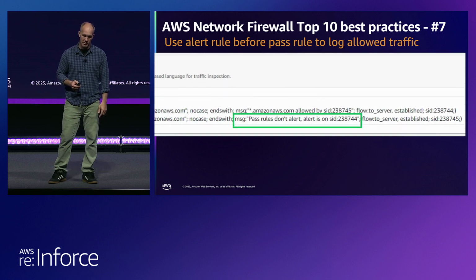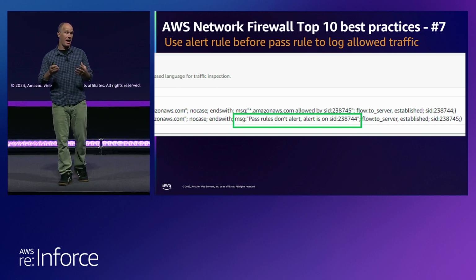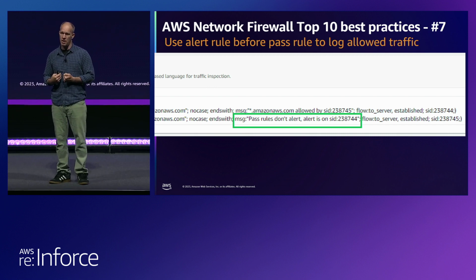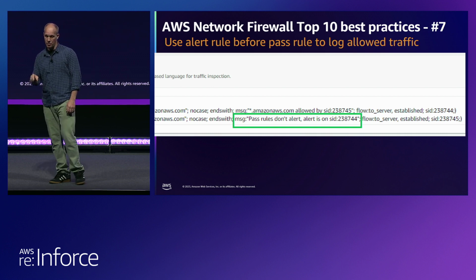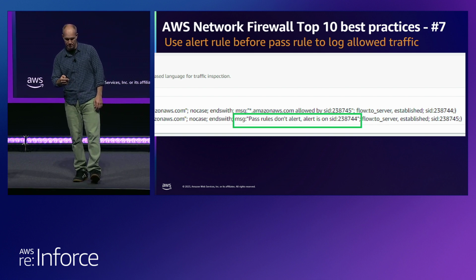If we zoom in on this, we just have a quick reminder in the message field. Again, since pass rules don't actually send a message, we're using this message field just to remind us that pass rules don't alert. But if I want to look for the alert for this traffic, I would look at the SID ending in 744. And you'll notice my top rule has a SID ending in 744.